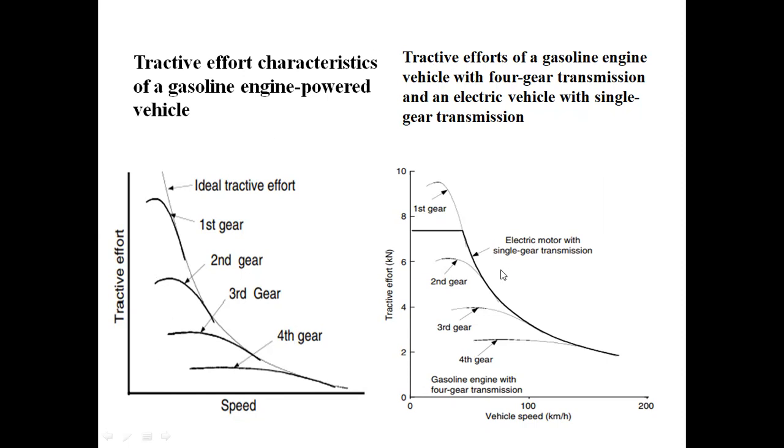Okay, this is the electric vehicle. This thick line is the electric vehicle with single-gear transmission. These are the conventional vehicles, with first, second, third, and fourth gear. Gasoline engine, 4-gear transmission. The thick line is the electric vehicle with single-gear transmission.